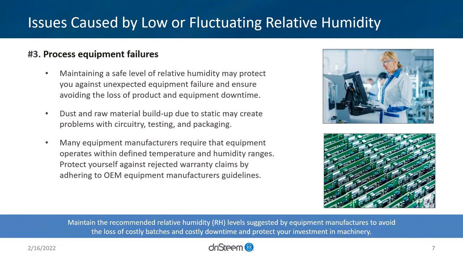Process equipment failures. So within these designs themselves, if it's a soldering machine or a drying machine and you want to control that RH at a regulated pace, that's something that's within the design of that piece of equipment. So if you look at the specific piece, that could potentially tell you where you need to be.